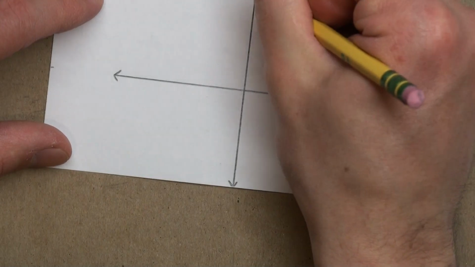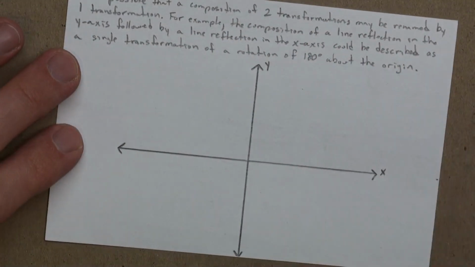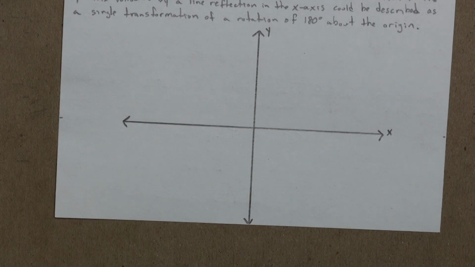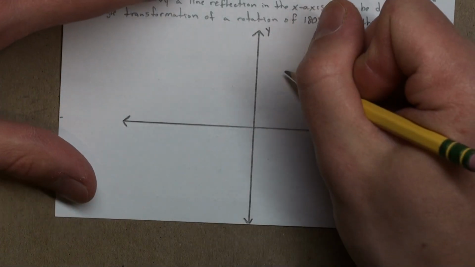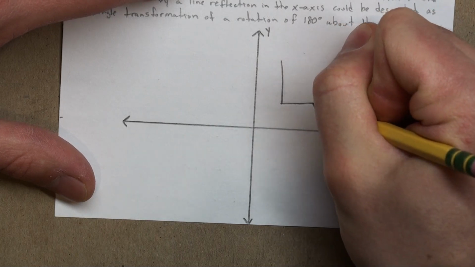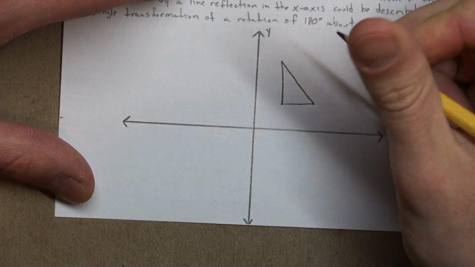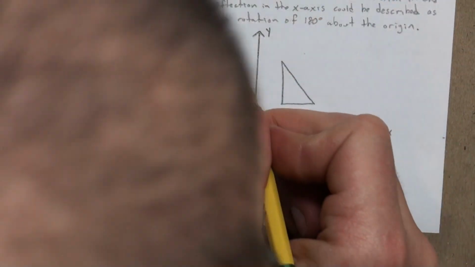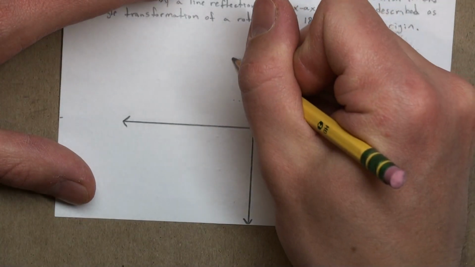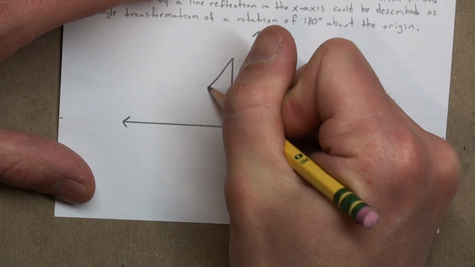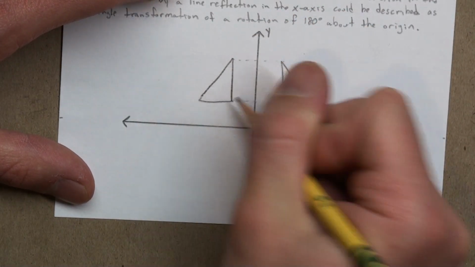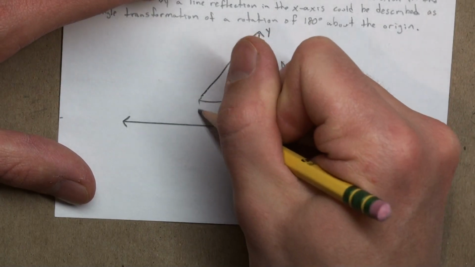So let's say this is the X and this is the Y. All right. So say we had some shape, like a triangle, right? And first we reflected it in the y-axis, and then in the x-axis.